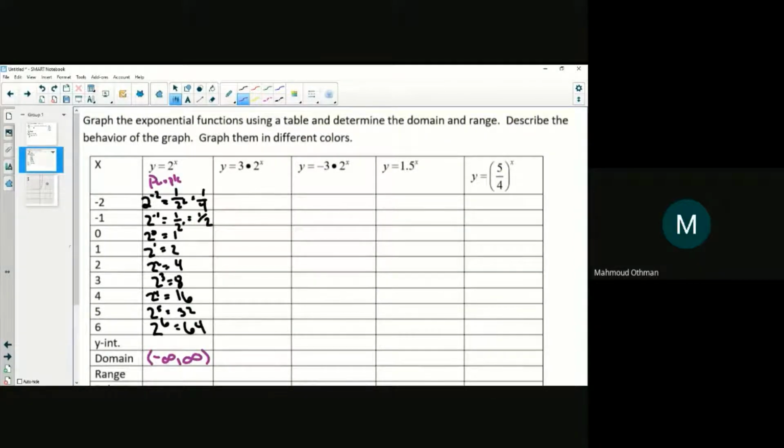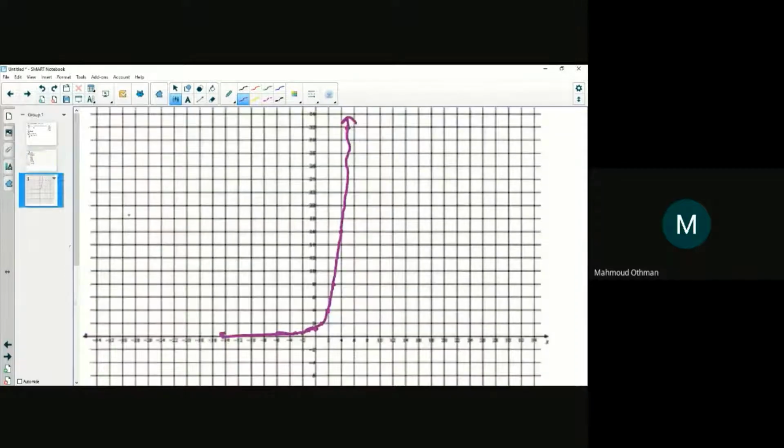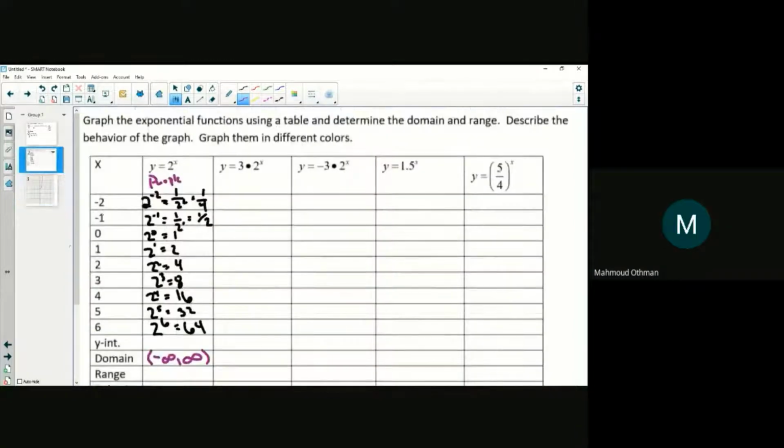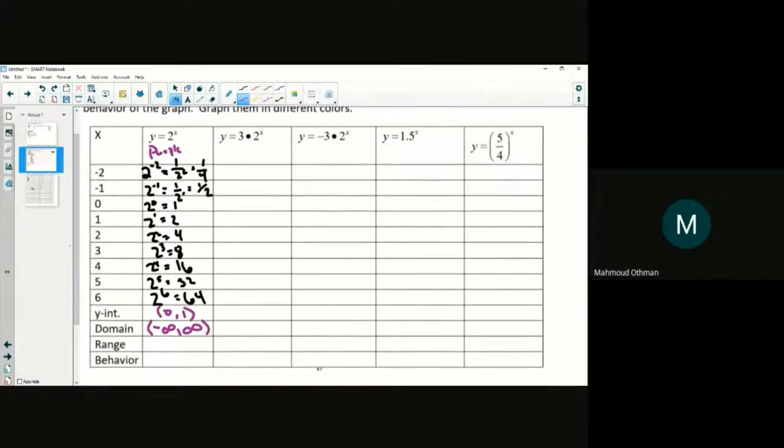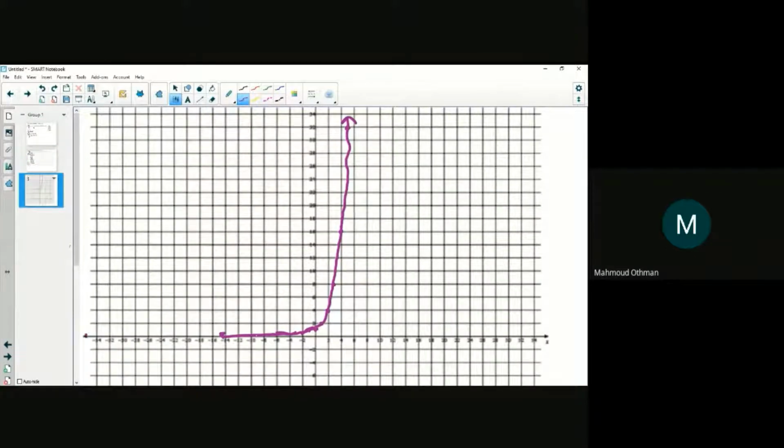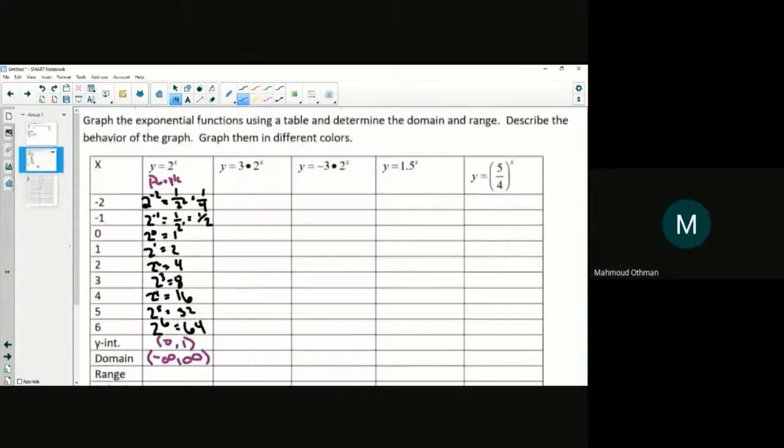Now let's take a look at our y-intercept. The y-intercept happens when x equals 0, and when x equals 0, this guy is 1. The y-intercept is a point. The range, if we take a look at the range, this thing starts at 0, but it doesn't include 0, so we're going to use a parenthesis.